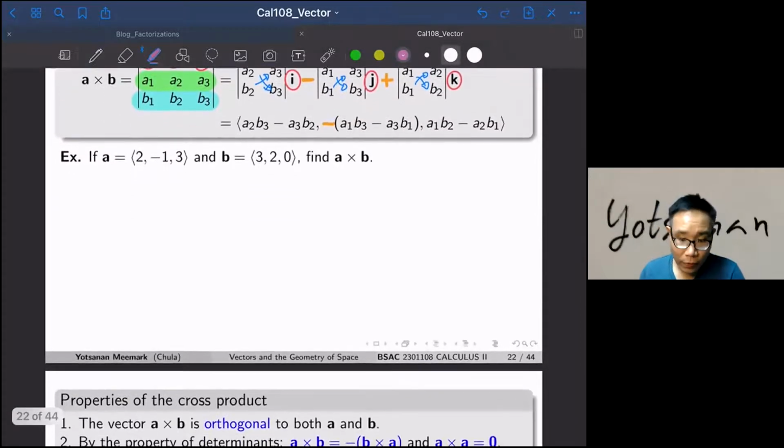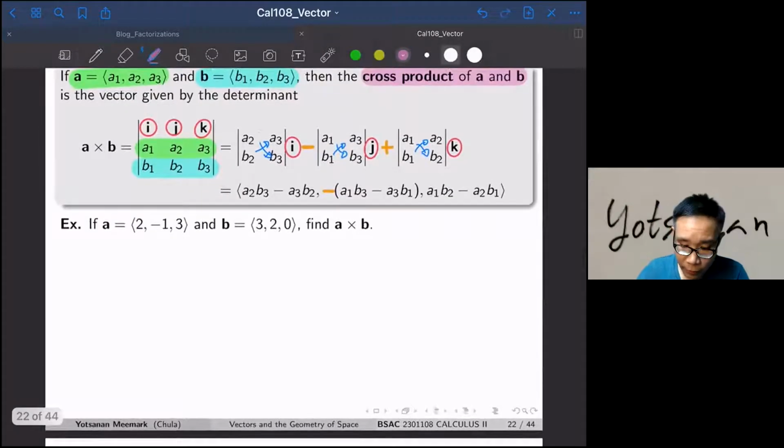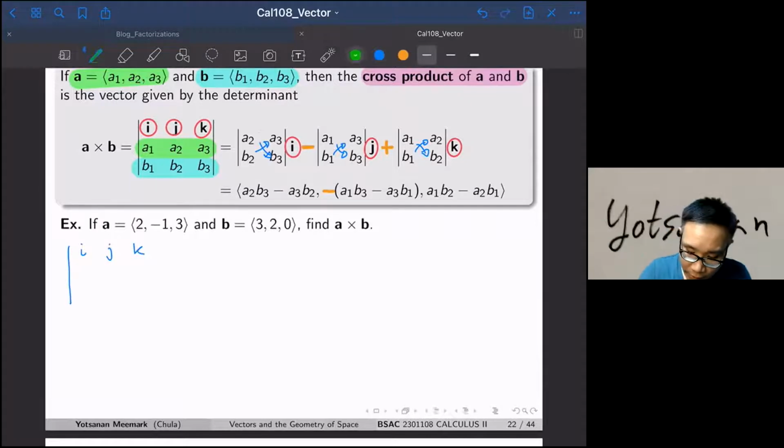Okay, so the way to find this vector is you're gonna set up the determinant. So it's gonna be I, J, K on top, and you're gonna have 2, negative 1, 3, 3, 2, 0.